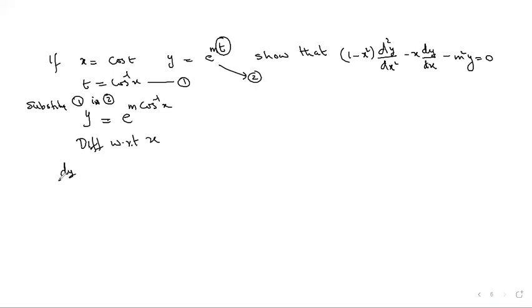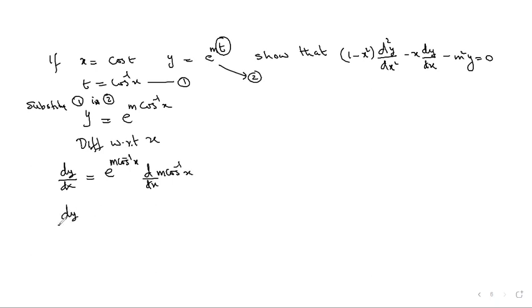So dy by dx is equal to d by dx of e raised to m cos inverse x. e raised to m cos inverse x into derivative of m cos inverse x.